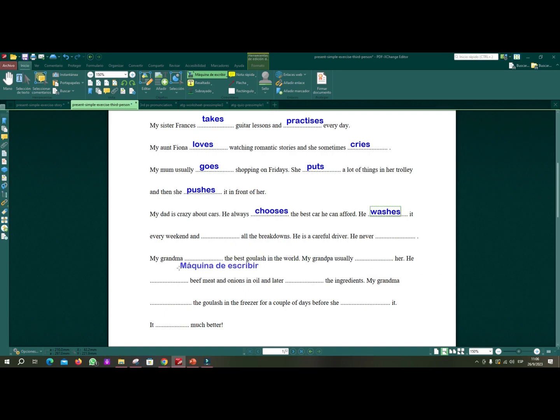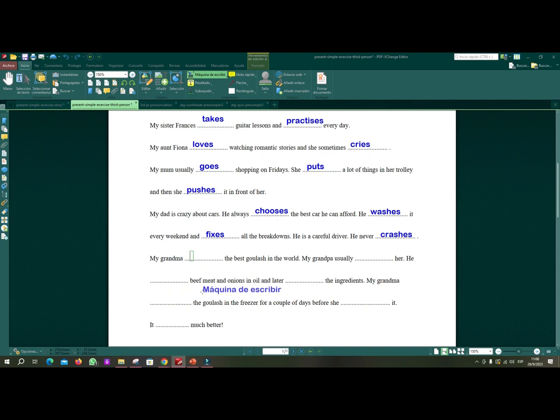Washes it every weekend and fixes all the breakdowns. He is a careful driver. He never crashes. So, my grandma, that is third person again, right?